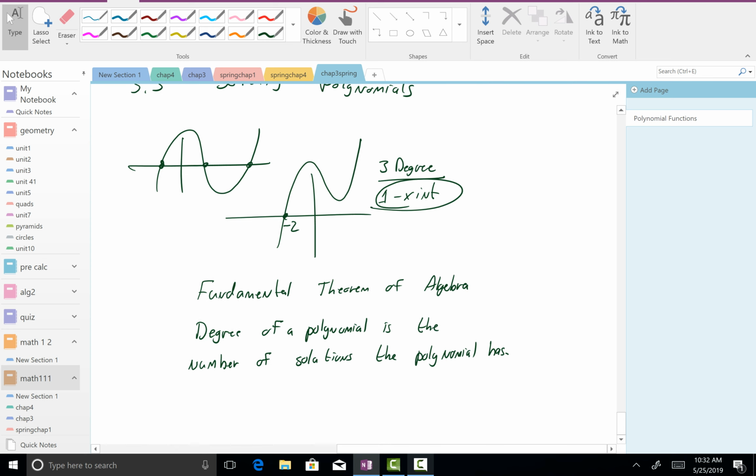If I have a 2nd degree, I have 2. That's what the fundamental theorem of algebra says. So in a case like this, it's pretty obvious. We have 3 solutions, and we can get them by graphing it and clicking on the x-intercepts, right?